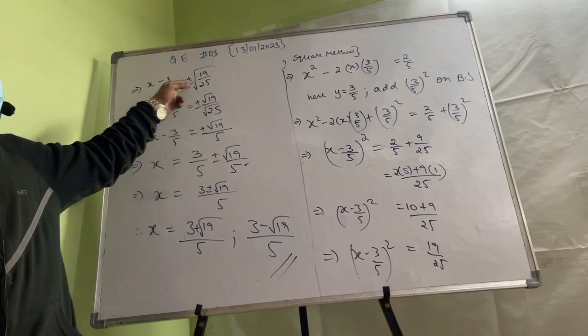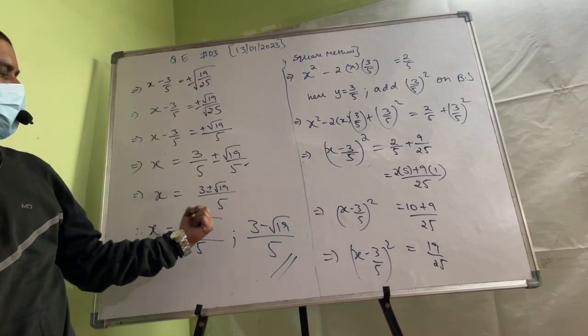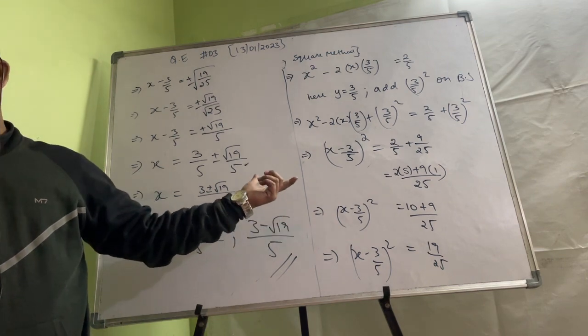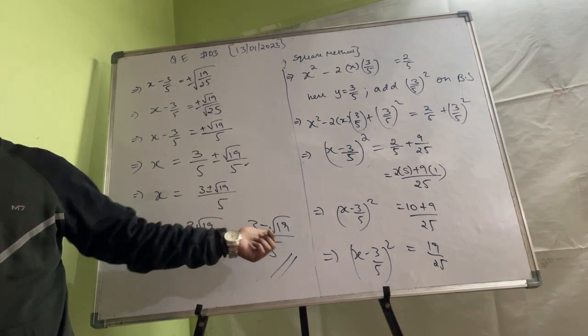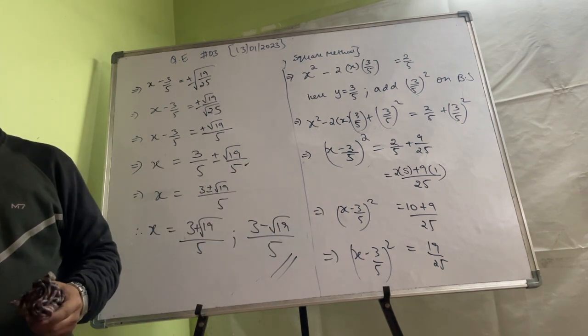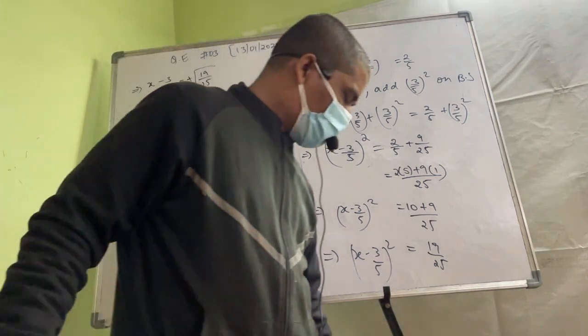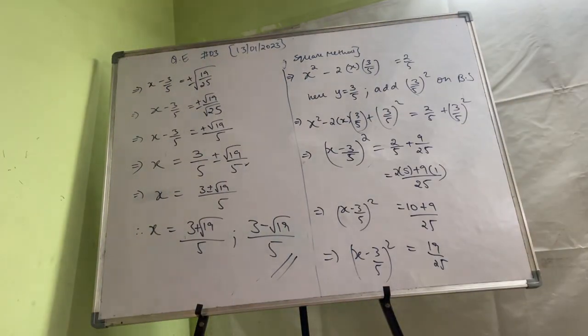Because of that, one will be with plus, one will be with minus. So you get two roots. Got the idea? Observe for a while, everyone. So we'll end up here. Observe for 2 minutes.